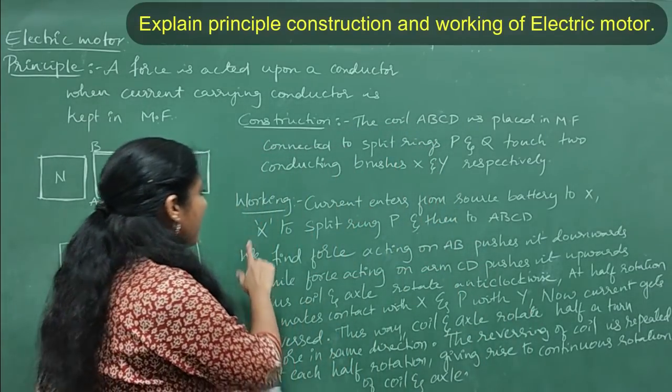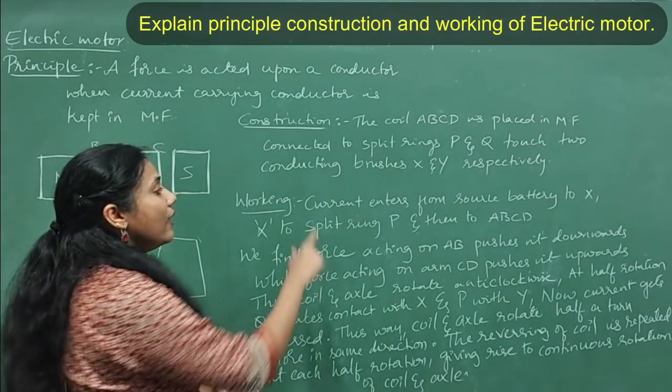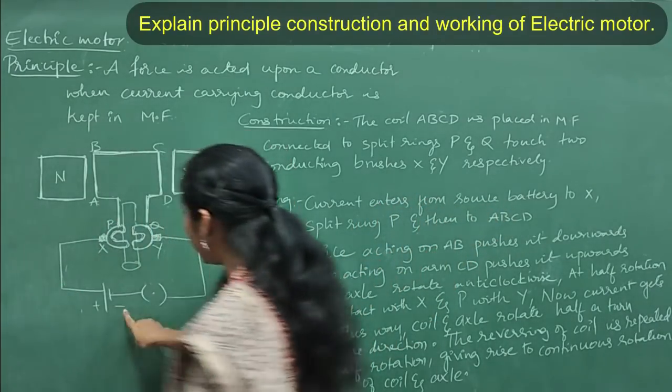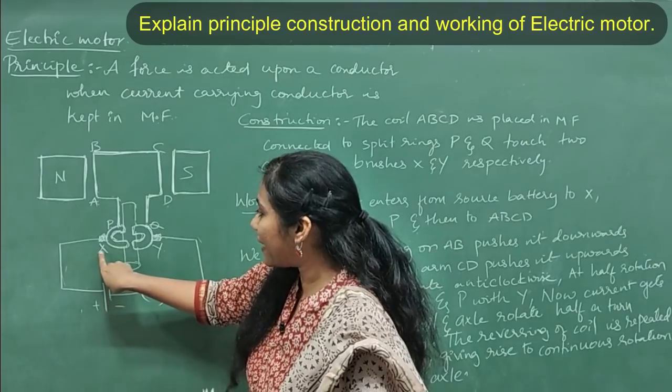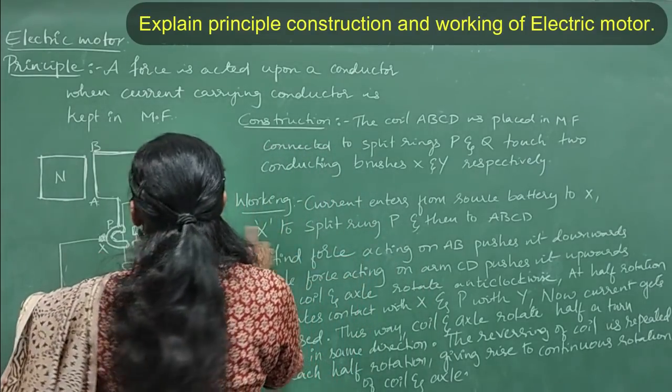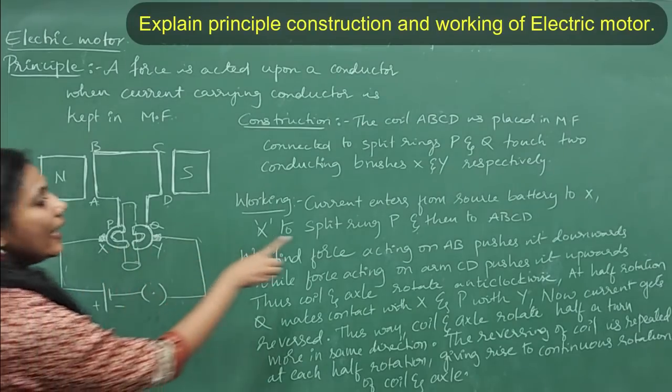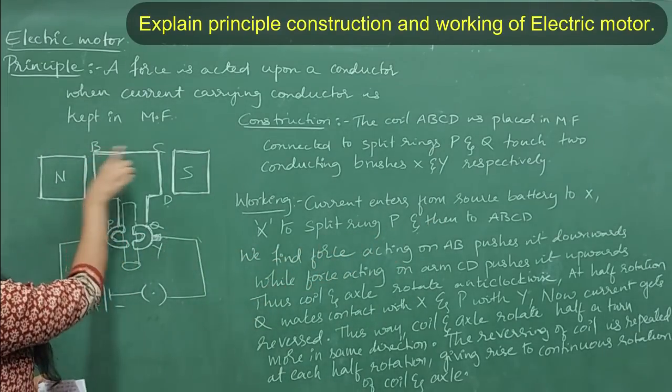Now let us learn about working. Current enters from the source battery to X, and then X to split ring P, and then to ABCD.